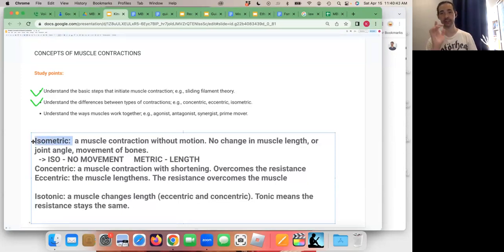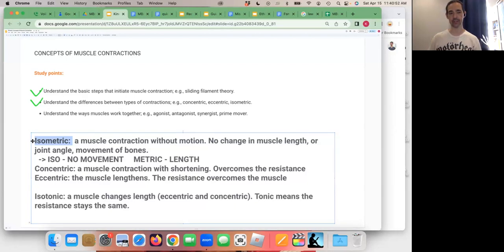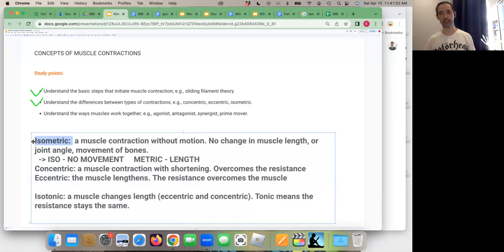Another reason, and you definitely should know that for the MBLEx. Another reason isometrics are good, just as a side note, not related to the MBLEx at all, is that isometrics actually recruit more muscle fibers than concentrics or eccentrics. So if you do an isometric and hold it for 30 seconds, close to 100% of the muscle fibers are being woken up.